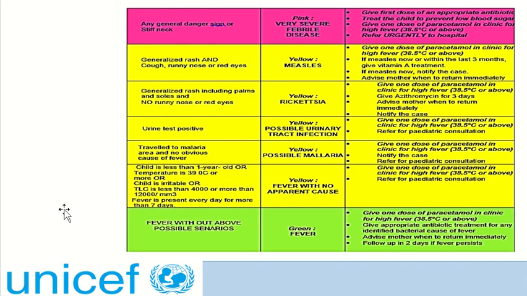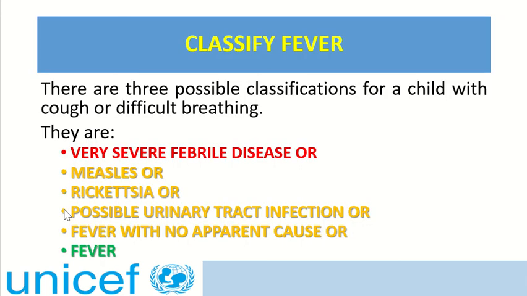Finally, fever with no obvious serious illness and none of the other symptoms mentioned before, we classify him as a fever. So by these categories we have 3 color zones. We have the red or pink one as very severe febrile disease, and the yellow one: measles, rickettsia, possible urinary tract infection, fever with no apparent cause, or fever with apparent cause. Finally, fever as the green one.